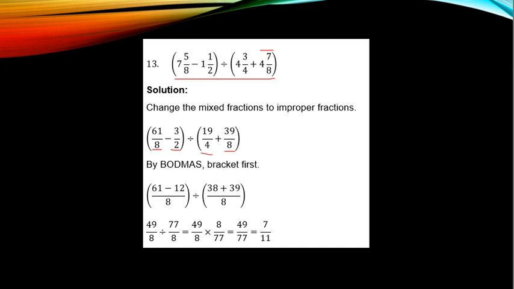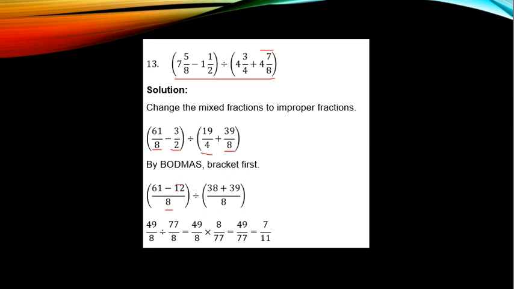Okay, the first bracket is subtraction, so you find the LCM of the denominators, 8 and 2, and that is 8. So divide 8 by 8 is 1, times 61 is 61. Divide 8 by 2 is 4. 4 times 3 is 12.